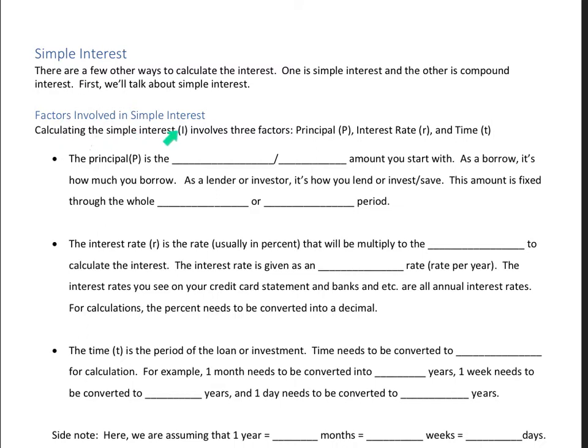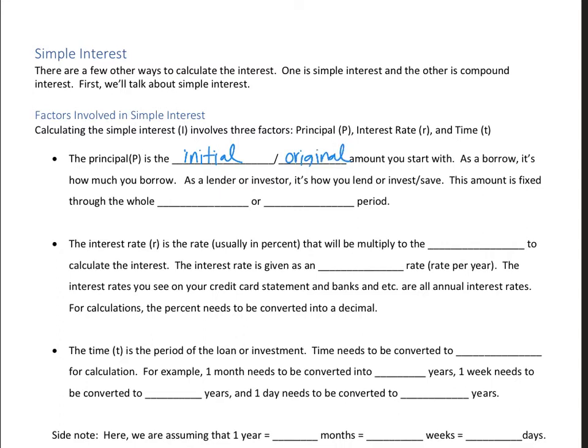So calculating the simple interest, a lot of times interest is denoted by the letter I, involves 3 factors: principal, P, interest rate, R, and then time, T. So these are 3 different factors that determine how much you're going to be charged, right? So the principal P is the initial or the original amount you start with.